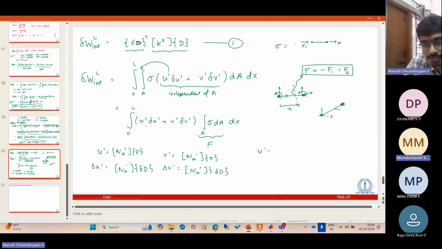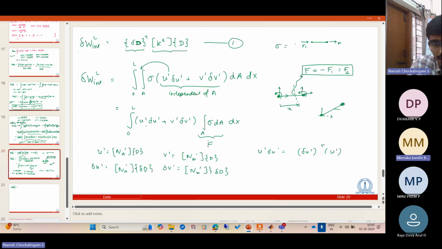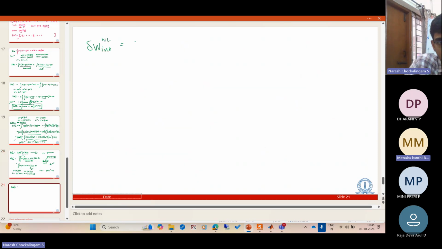U dash del U dash, write it as del U dash transpose U so that you get a scalar, so that the inside matrices make some sense. So you will be left with del W internal nonlinear, which will be what? The sigma dA will be the force, and that force does not depend on X. So that can come out. So you get an F outside.